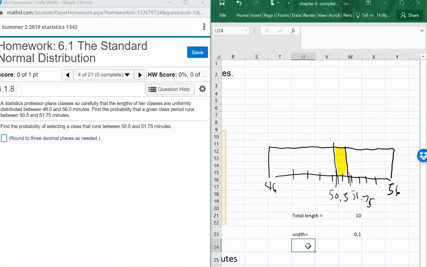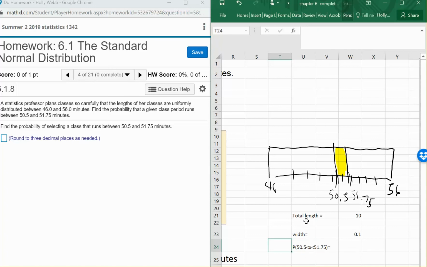So I'm going to do the probability that 50.5 is less than x is less than 51.75. That is the same as finding the area of the yellow shaded rectangle that I have there.